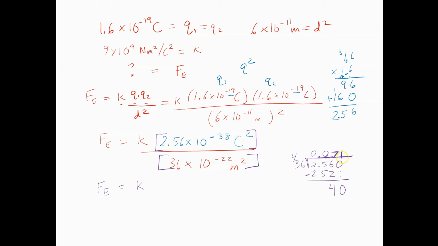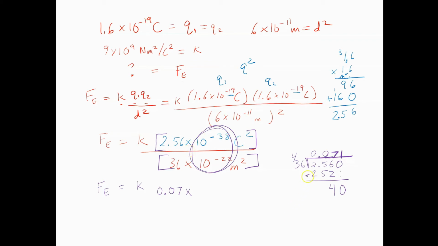And the reason I was doing this 1 was to see if this would remain a 7. If this number had turned out to be 5 or greater, then I'd have recorded decimal 08. So this 2.56 divided by this 36 turns out to be 0.07 times.